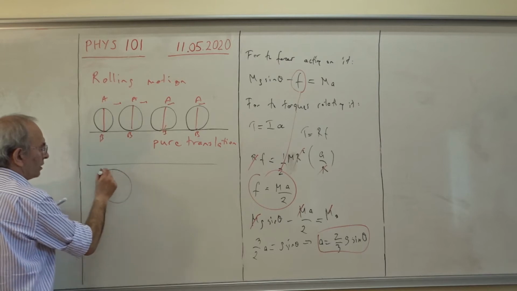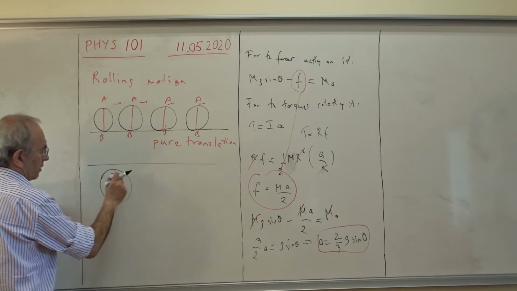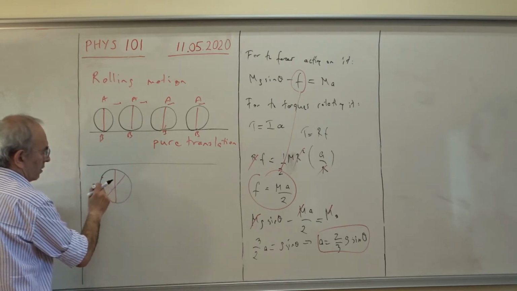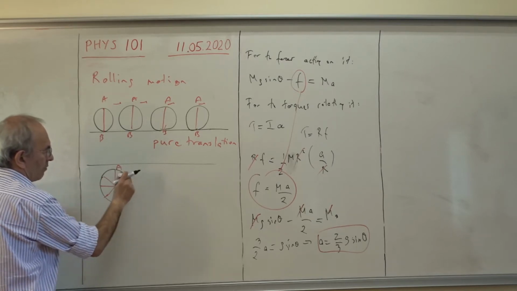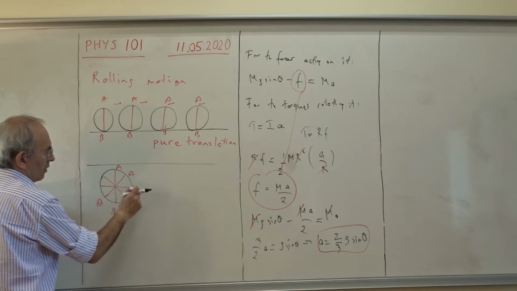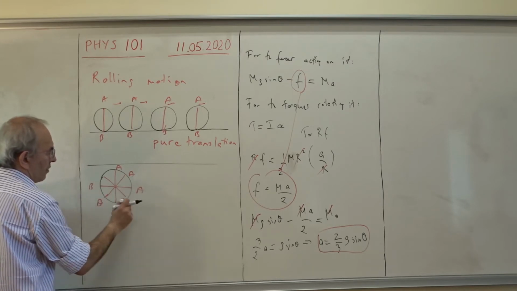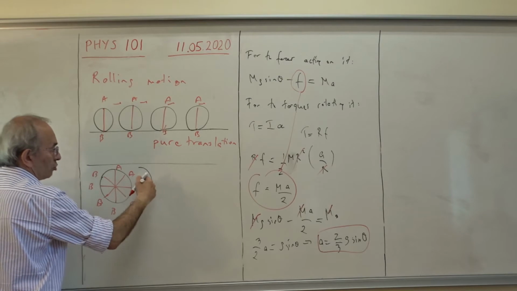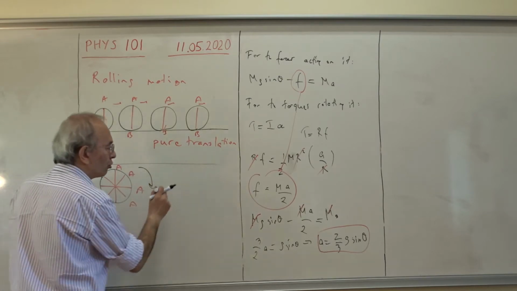So this is the object. AB now becomes AB, then AB, then AB. So it is turning. This is called pure rotation.